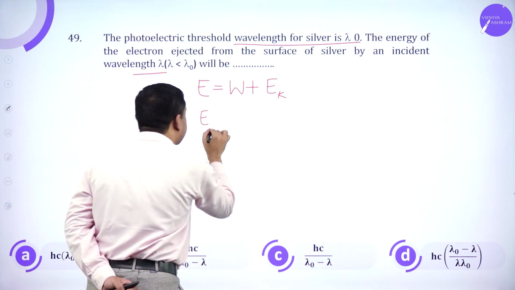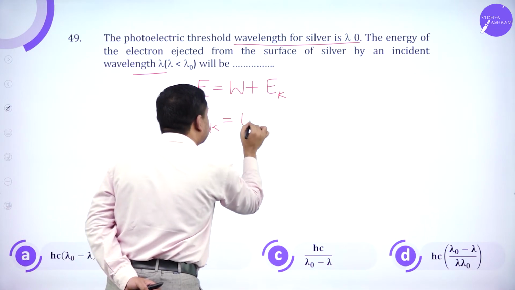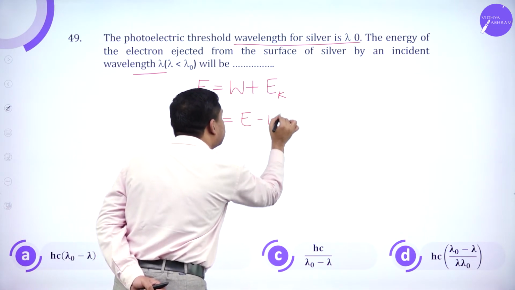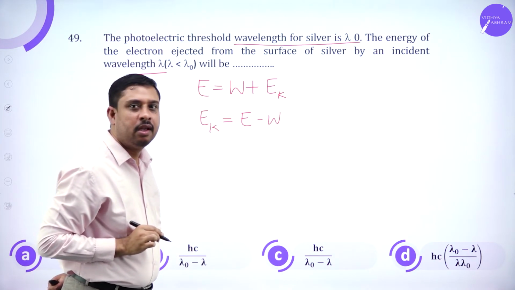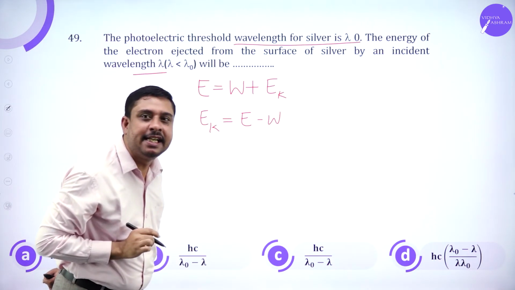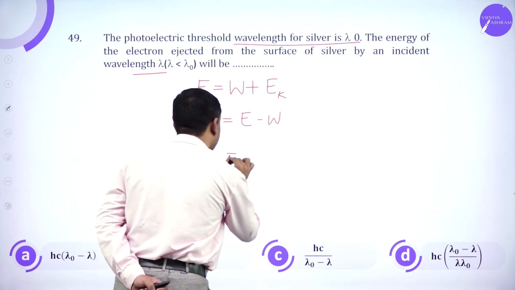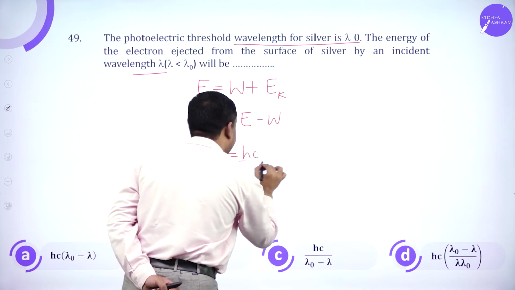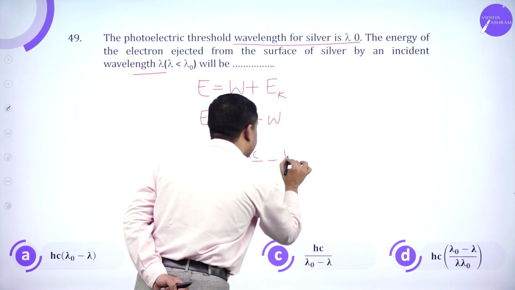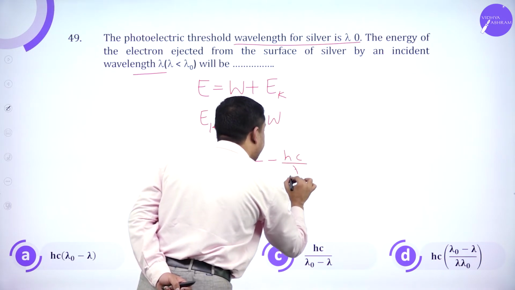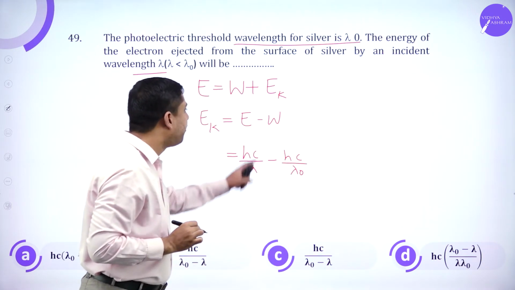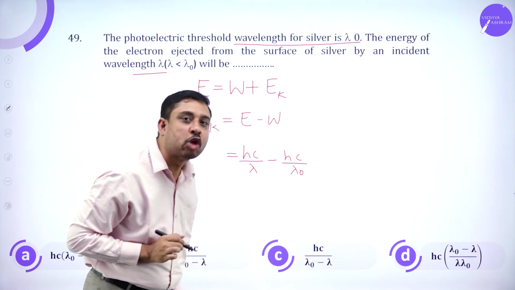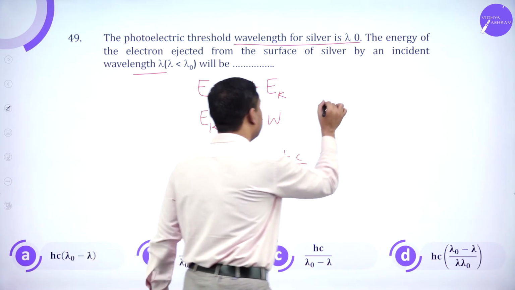So kinetic energy is E minus W. The question is in terms of wavelength. So hc by lambda minus hc by lambda naught. Work function is in terms of lambda naught.